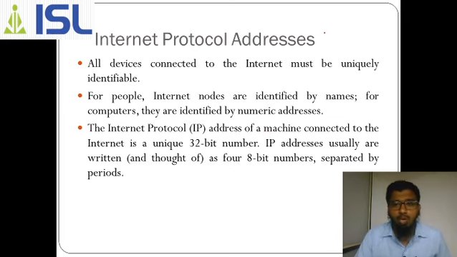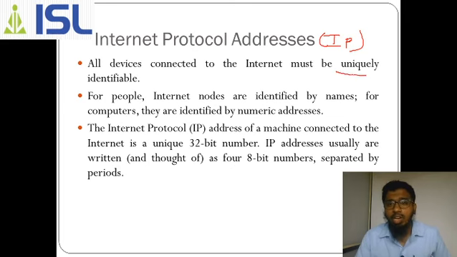I think everyone knows the IP address. Most students will say IP address. What is an IP address? When you connect to the internet, there will be a unique identifier. For people, internet nodes are identified by name.